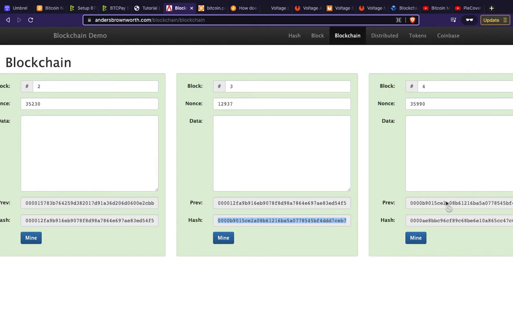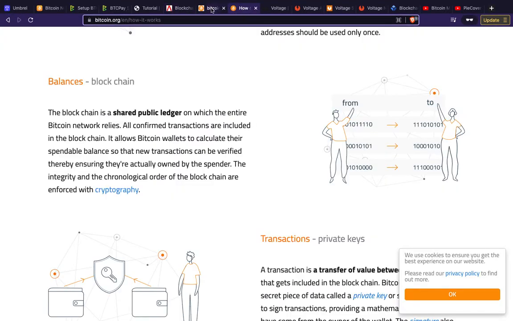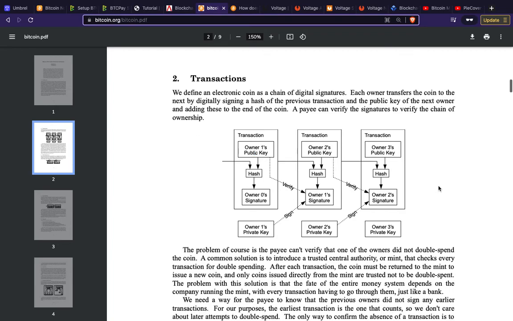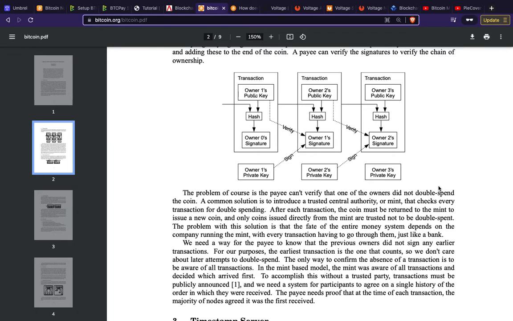This hash is the previous one, right? This is what makes the chain, and this is what they're saying in the white paper. You have the previous one always in the record, so that you can't really modify that, right? Immutability.